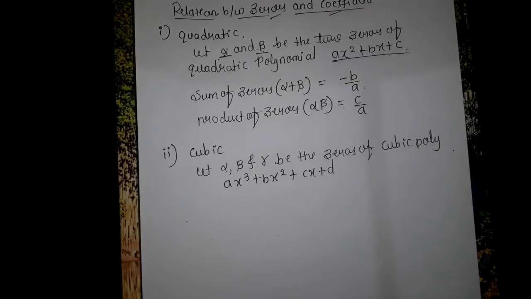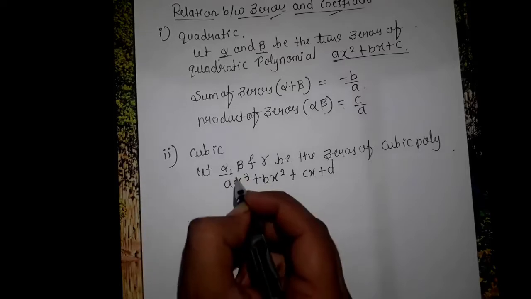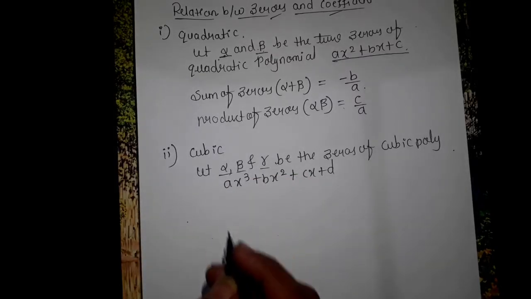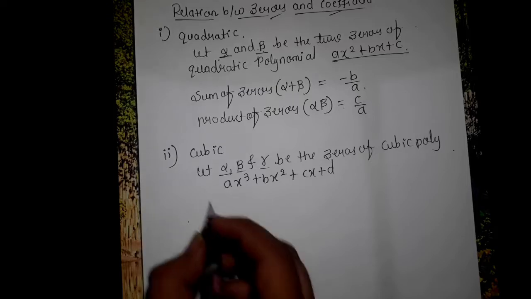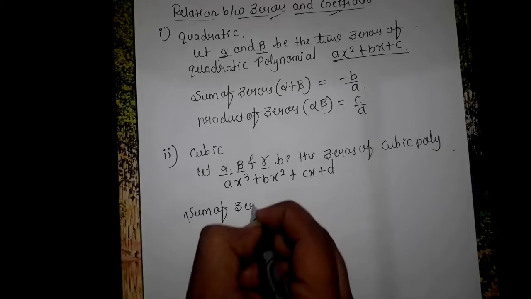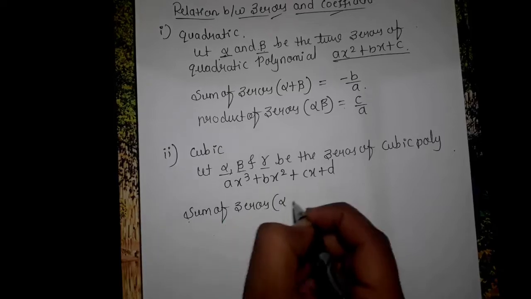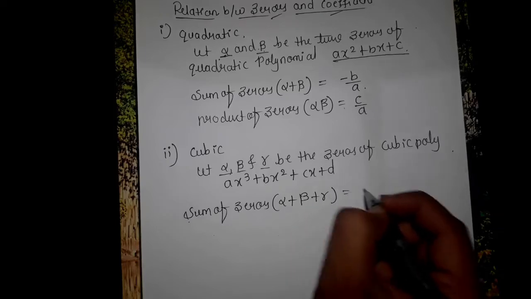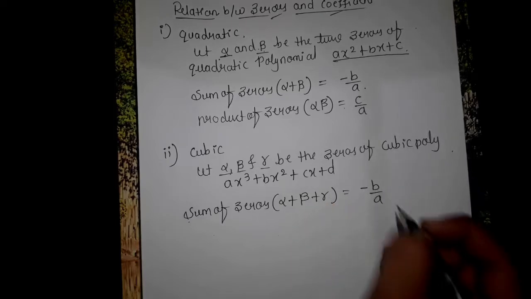Since this is cubic polynomial, there are three zeros, alpha, beta and gamma. Let us define the relation between zeros and coefficient. Sum of zeros, that is alpha plus beta plus gamma, is equal to minus b by a.